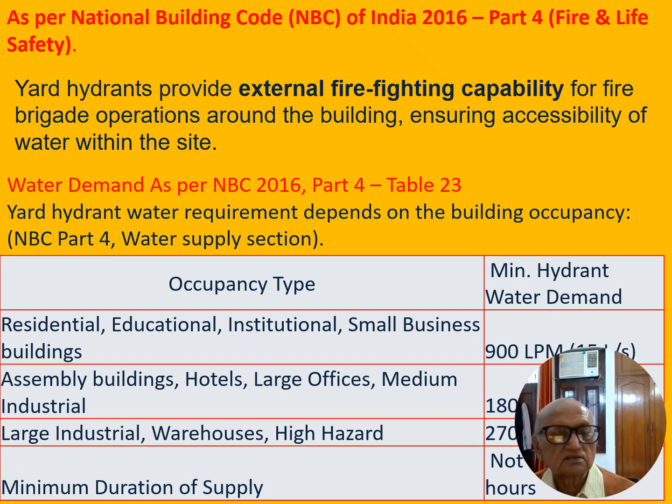In Table 23 of National Building Code 2016 Part 4, water demand is given depending upon different types of buildings. In the chart shown below, in column 1 the occupancy type is mentioned, and in column 2 the minimum hydrant water demand is given in liters per second or liters per minute.